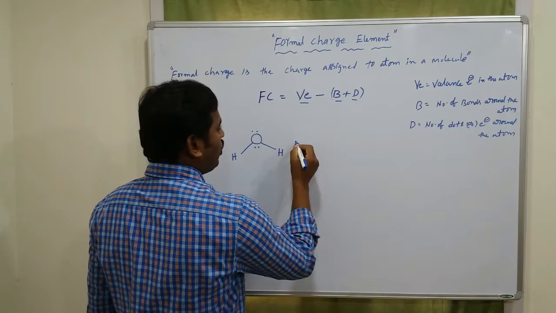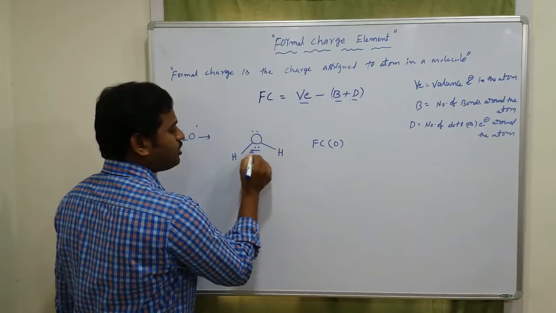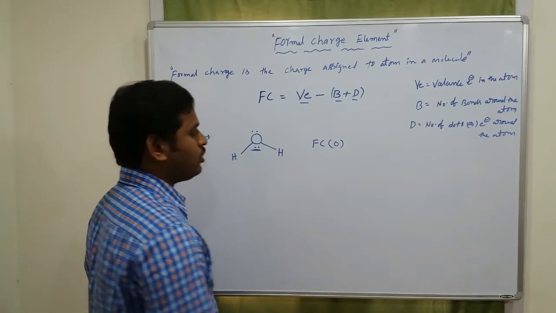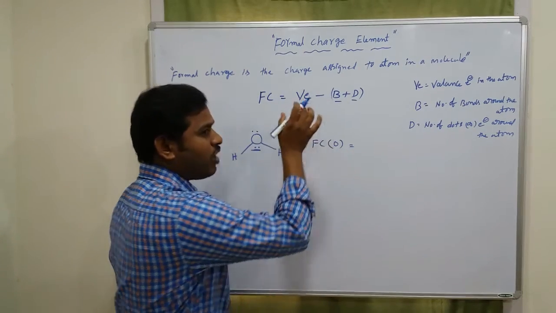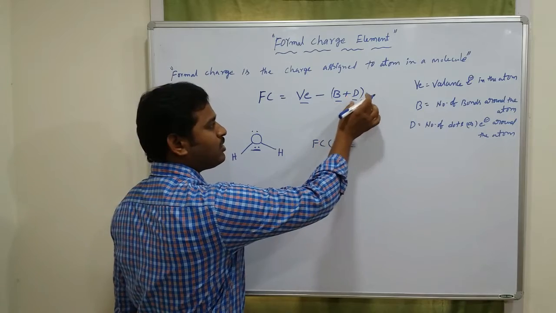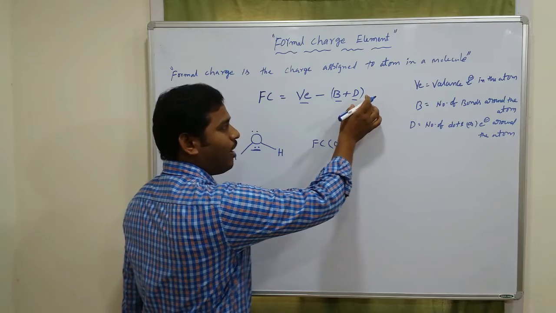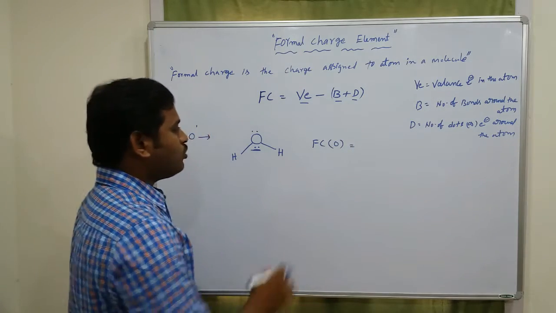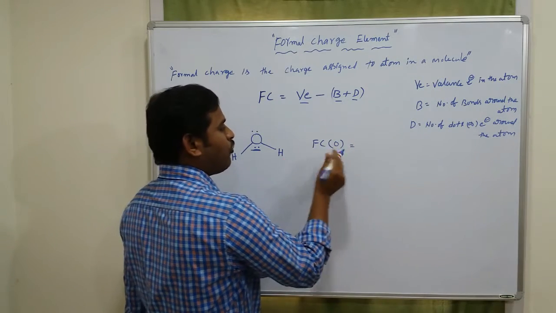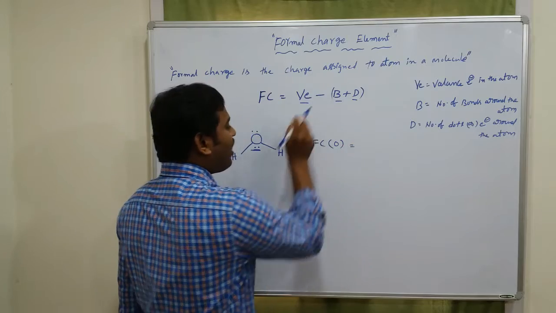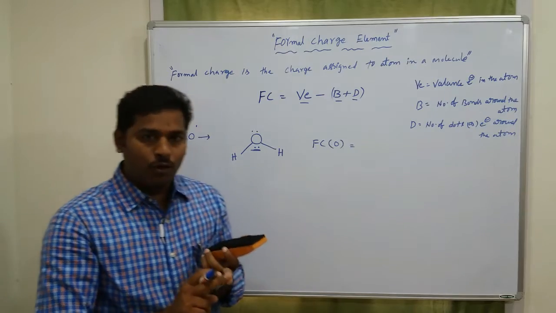Now we are going to calculate the formal charge of the oxygen atom. Here O means oxygen atom. The formula is valence electrons minus bonds plus dots. Bonds means bonds around the atom, dots means electrons around the atom. So formal charge of oxygen equals valence electrons of oxygen. Valence electrons is nothing but its group number.